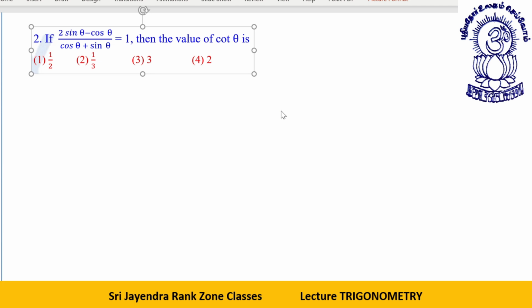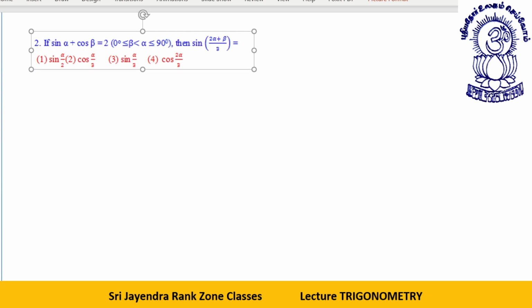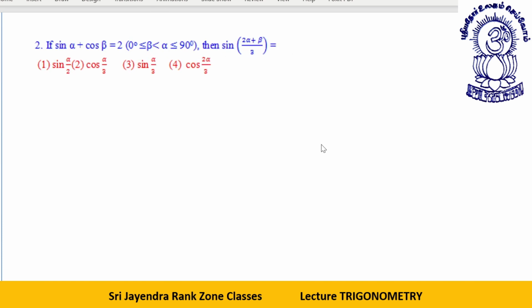Next one we have. I hope you are enjoying this concept. However lengthy the questions might be, they will actually look a bit small to you. Okay. See, you have sine alpha plus cos beta is equal to 2.